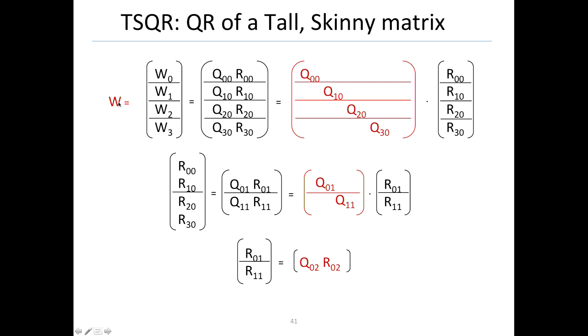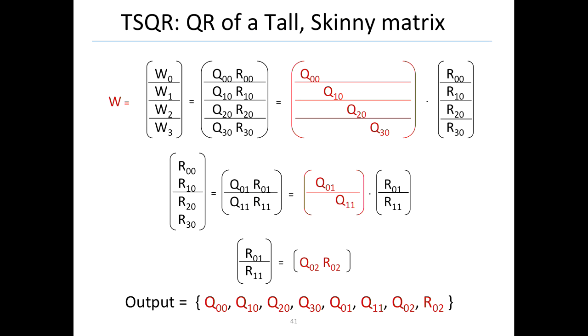So I factored W into the product of that orthogonal matrix times that orthogonal matrix times that orthogonal matrix times R. And that is the QR decomposition represented as a list of little orthogonal matrices, so that's going to be my new data structure. And anything that you could do with the old representation of Q, you can do with this one.